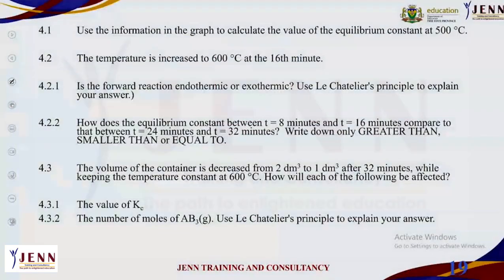Okay, 4.3.1. I'm just going to turn my page. 4.3.1. The volume of the container is decreased from 2 to 1 after 32 minutes, while the temperature is constant at 600 degrees. How will each of the following be affected?